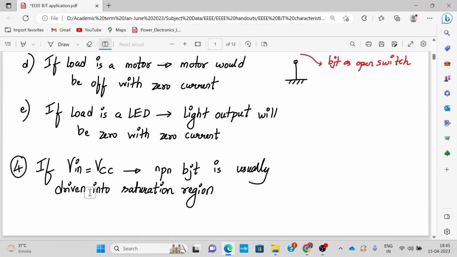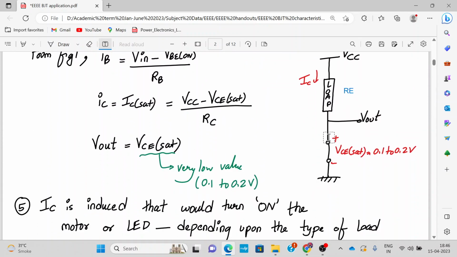So if Vin is equal to VCC, your NPN BJT is usually driven into saturation. When it is driven into saturation, it behaves as a closed switch. And if it is a closed switch, the voltage across the switch will be very small, and that voltage we call VCE sat, which is around 0.1 to 0.2 volt. It is almost close to 0.